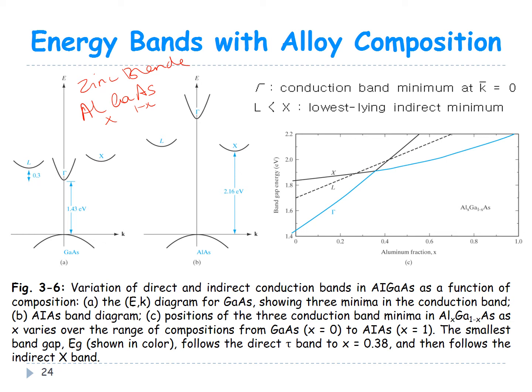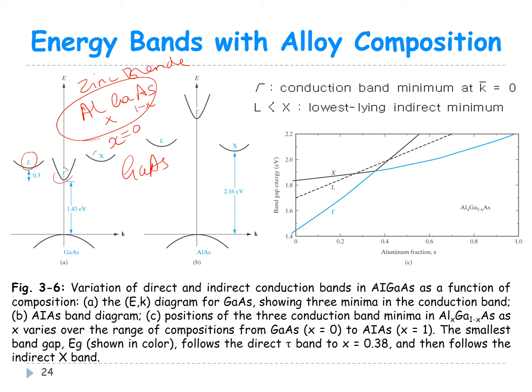So for example, here we have aluminum gallium arsenide where x is equal to 0, giving us simply gallium arsenide. Gallium arsenide has 3 conduction band minimums: you have this capital letter L, this capital gamma, and this chi.